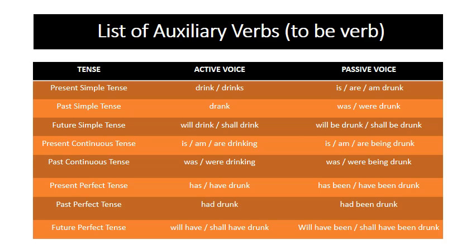Dear students, you have a list of auxiliary verbs. Go through it and see only 8 tenses are mentioned here. The sentences of these 8 tenses can be written into passive voice.